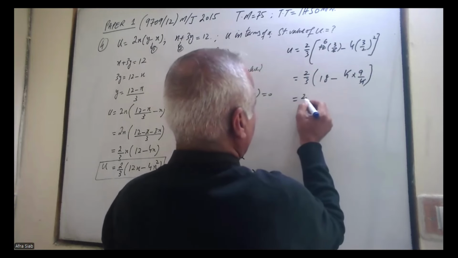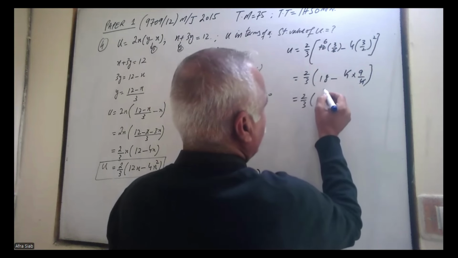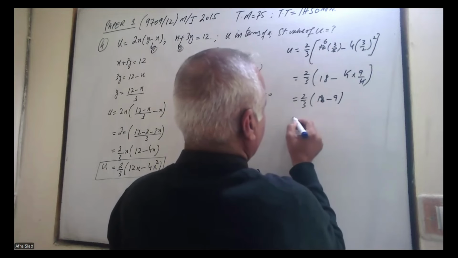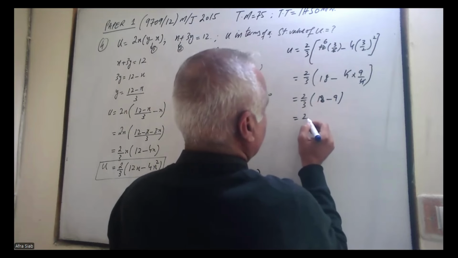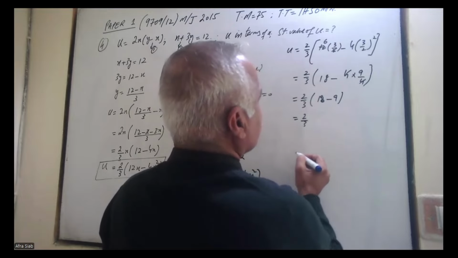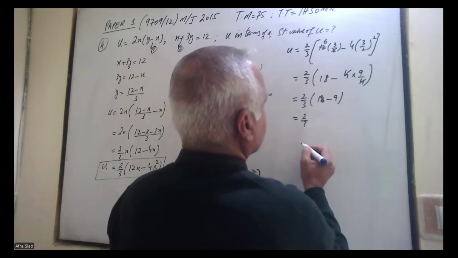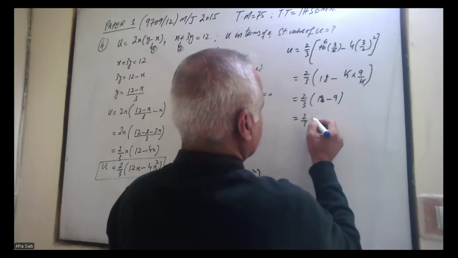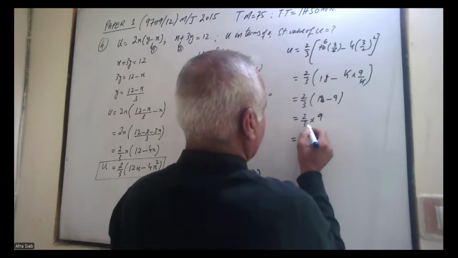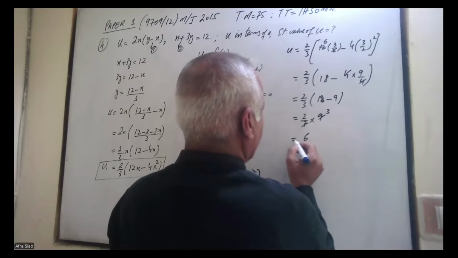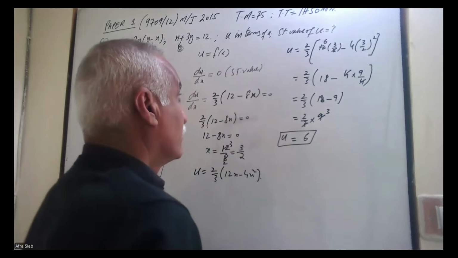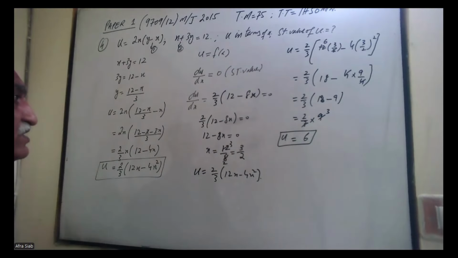So that is equal to 2 by 3 into (18 minus 9), which is 2 by 3 into 9, since 18 minus 9 is 9. So 3 threes are 9, and the value is equal to 6. So u is equal to 6 for the stationary value at this point.